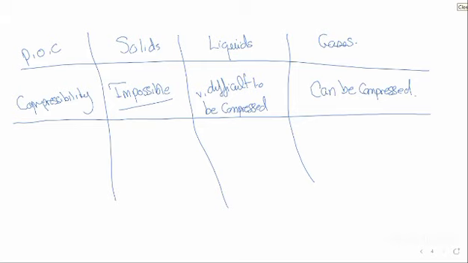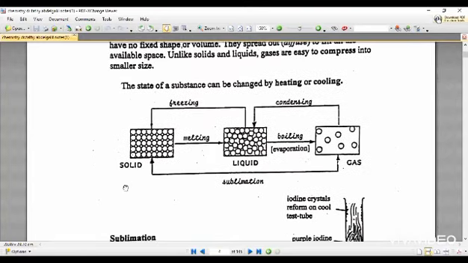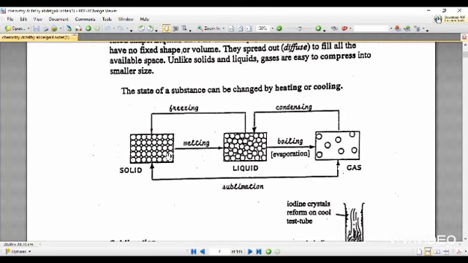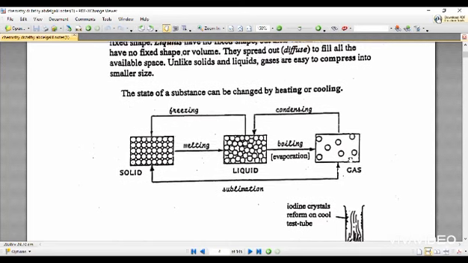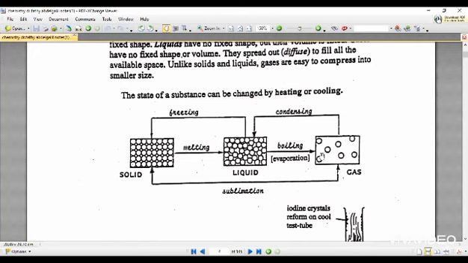Now let's go back to our notes. This is what we explained: solids have a fixed shape and a regular arrangement, liquids have an irregular, random arrangement, and gases also have a random arrangement.